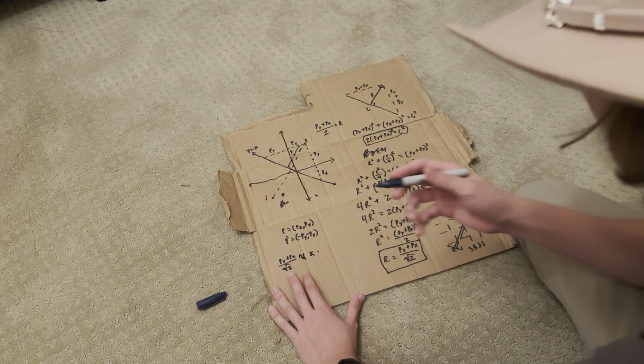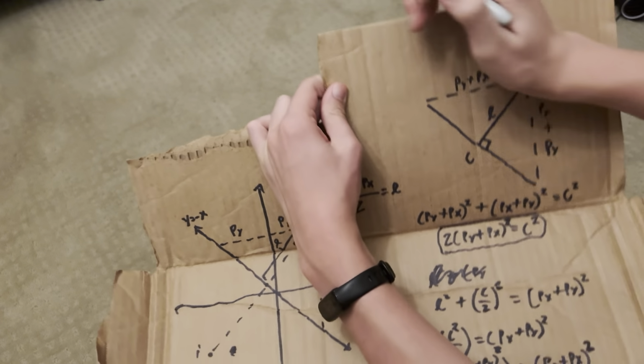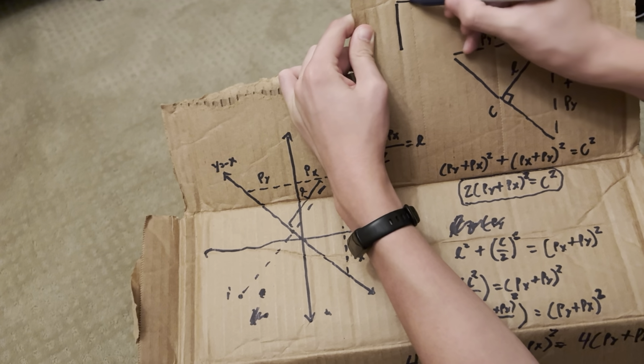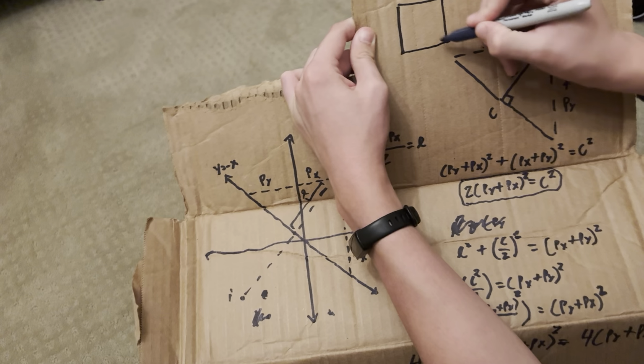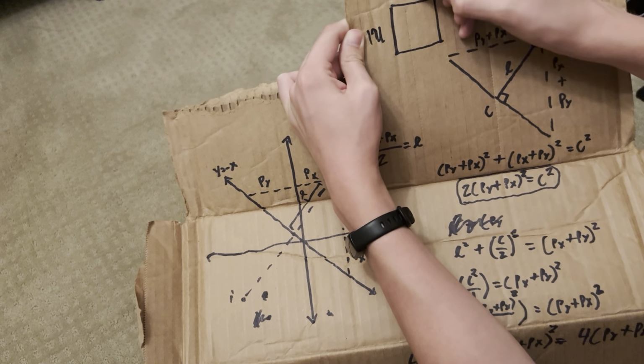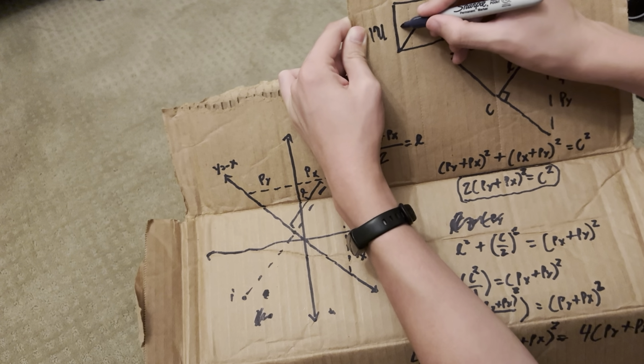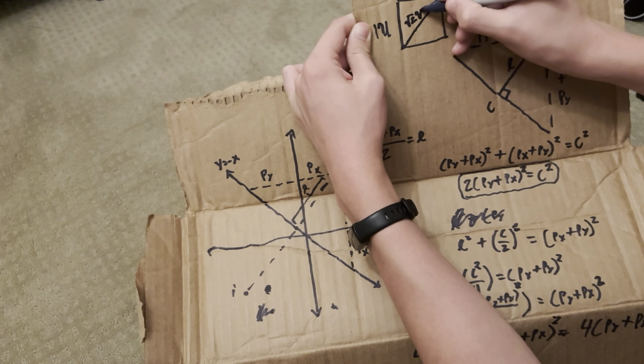Now, a square that is 1 unit by 1 unit is going to have this diagonal length be the square root of 2 units.